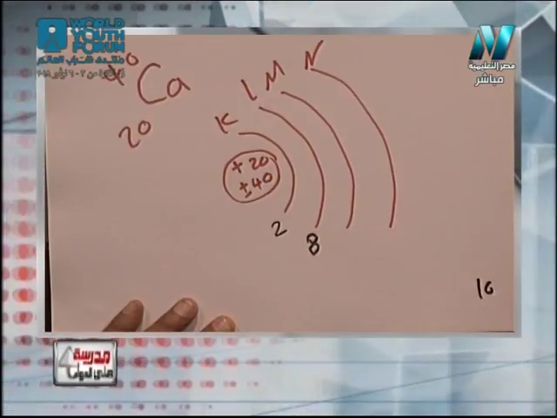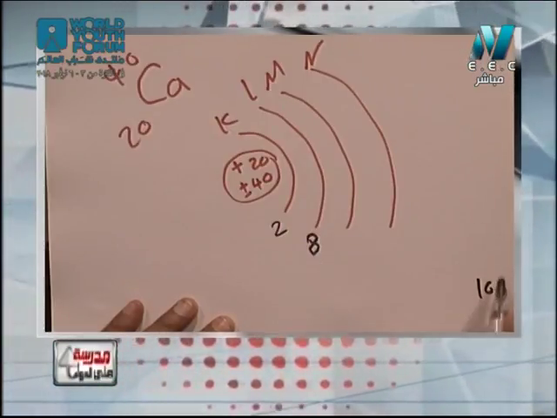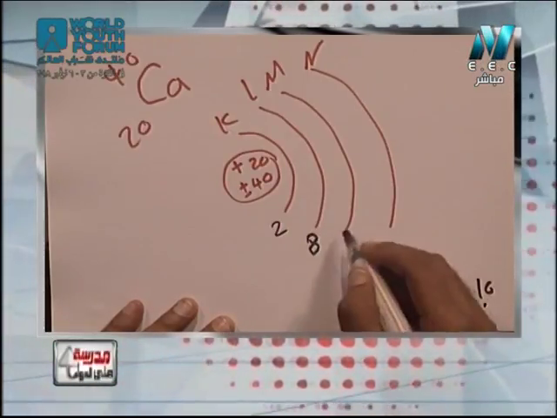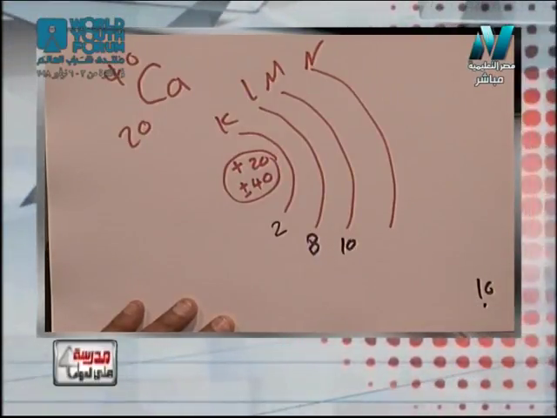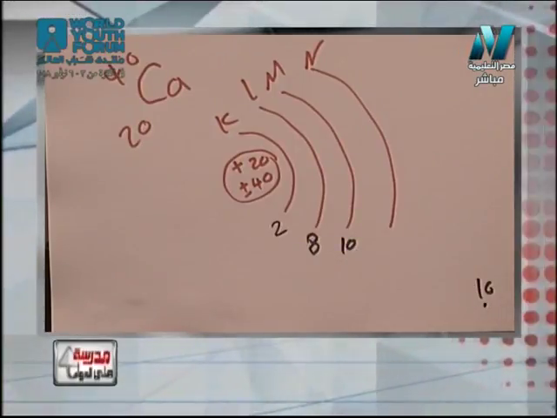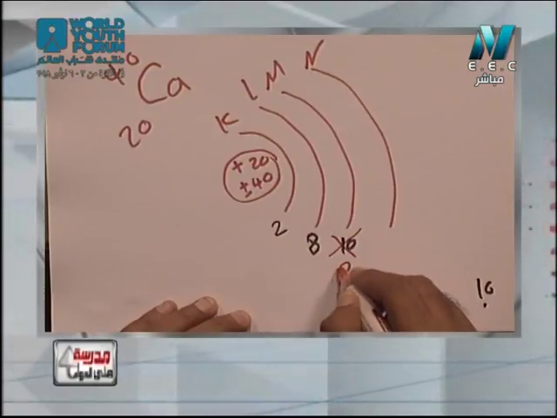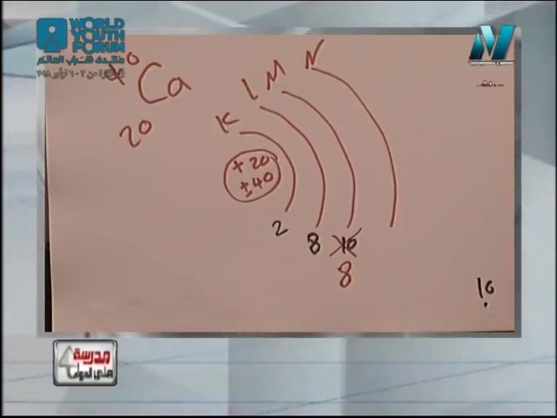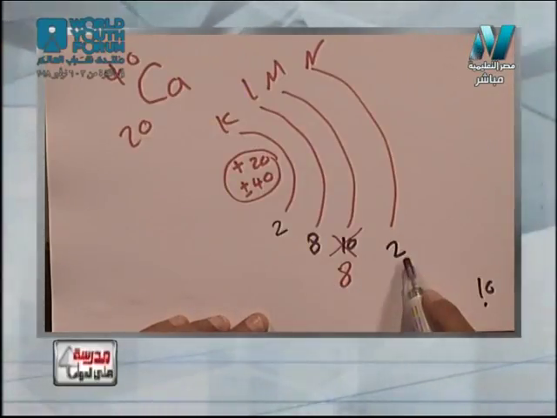Now I have 10. Why 8 here? Because now it is the outermost energy level. But now there are 10. Can I put 10 here? No, it's wrong, because it will be the outermost energy level that can't carry more than 8. So I must put 8 and the remainder is 2. So it will be 2, 8, 8, 2.